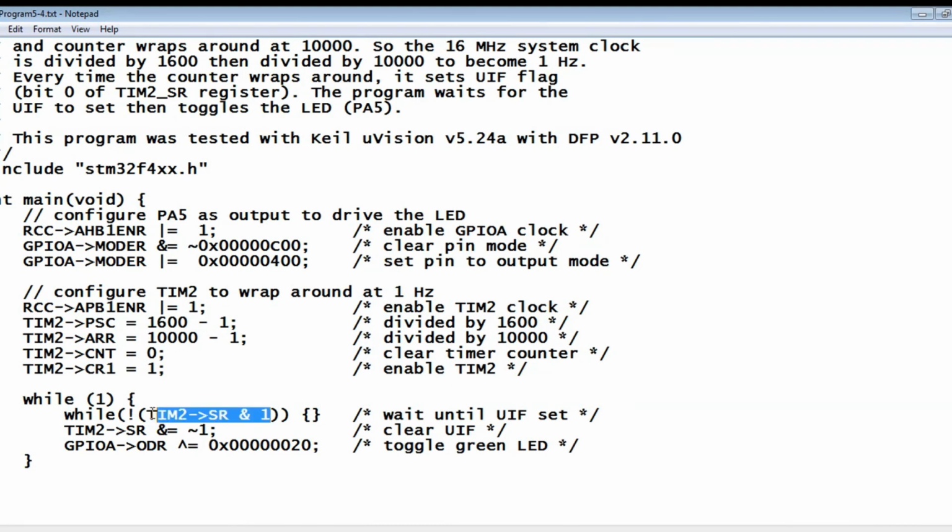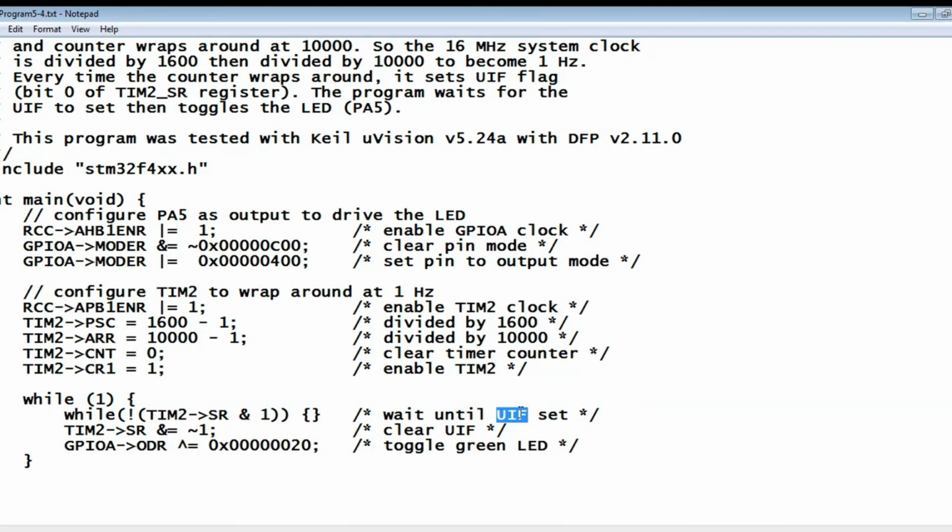If it is 0, that means counting is going on. You need to wait until the 0th bit of the status register is 1. What is the 0th bit? The update interrupt flag. When the update interrupt flag of the status register is 1, that means your actual delay, or counting of one whole counter timer value, is over.